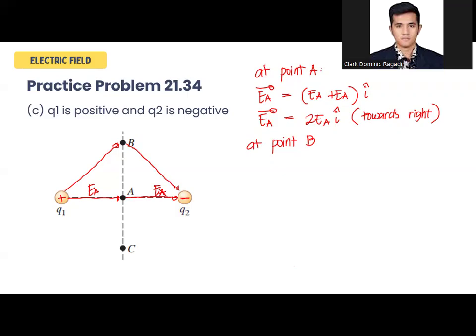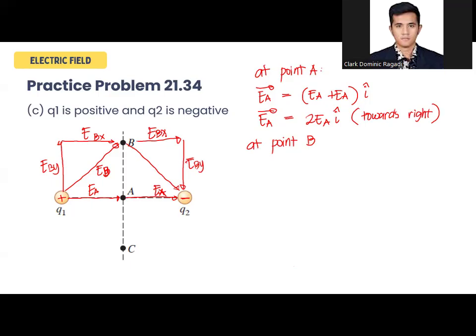For EB on the side of Q1, the Y component is going up, this is EBY, and the X component is going right, that's EBX. On the side of Q2, the Y component of EB is going down, that's EBY, and the X component is going right, that is EBX.